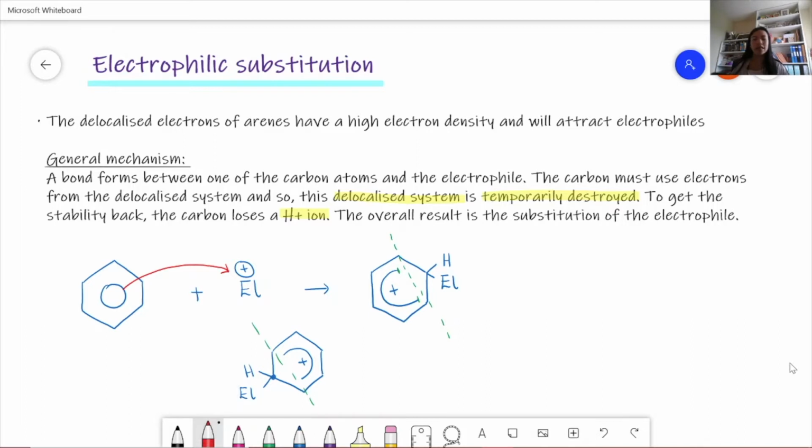And so what happens is that the electrons from this covalent bond move to this positive charge, and then we get benzene, but now with an electrophile attached, and the H+ comes out.